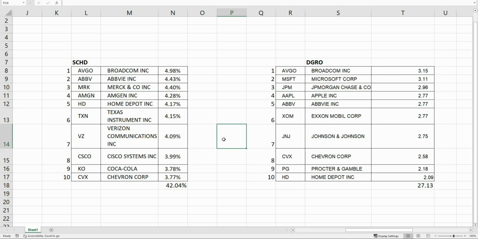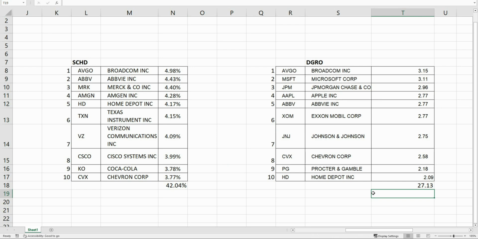And I also want you to focus on the total weighting of the top 10 holdings. The top 10 holdings comprise 42% of the overall portfolio for SCHD, whereas for DGRO, they occupy 27.13% of the entire ETF.